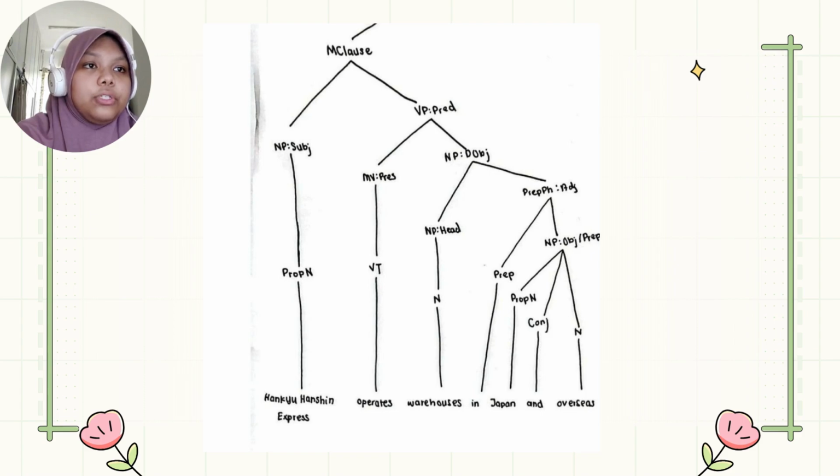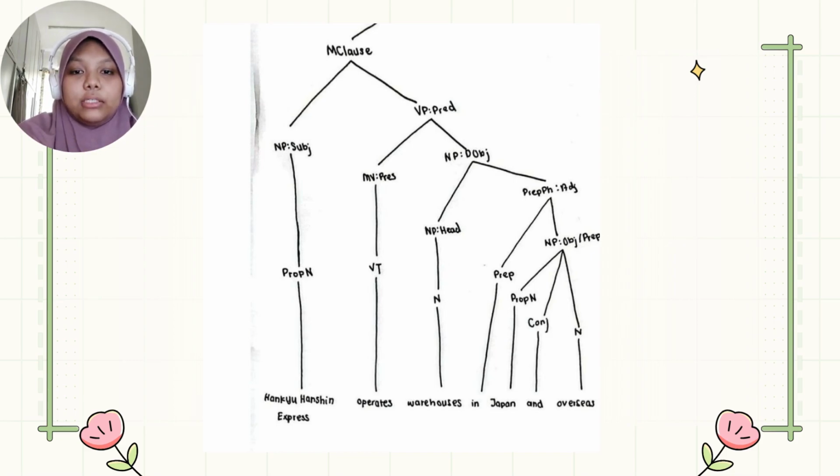So under the prepositional phrase, we have the preposition, of course, in, and then we have the noun phrase object of the preposition, Japan and overseas. So we see here there are three branches. Japan is a proper noun, and then we have and, which is a conjunction, and overseas just a noun.